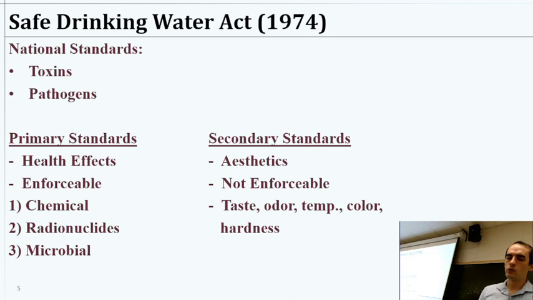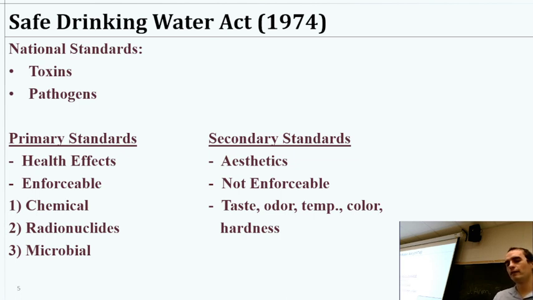We split that up into essentially primary and secondary standards. Secondary being really aesthetic. Maybe the color has no impact on the safety directly. Tea, for example, is very colored, but not any harm. These are not enforceable, would include the temperature, the hardness, the odor, whereas we have primary standards which are enforceable and really relate to health impacts.